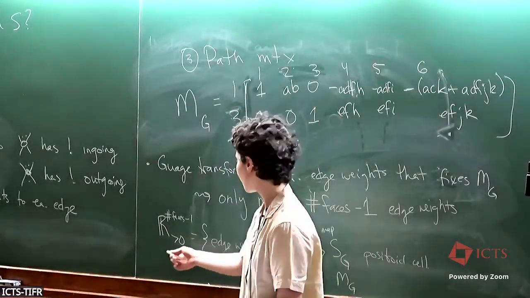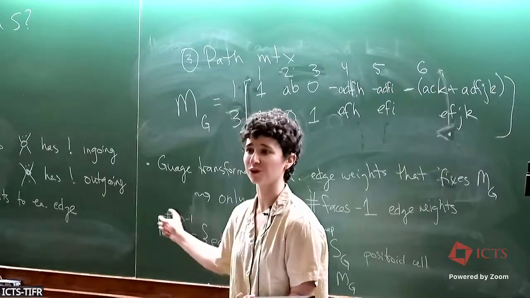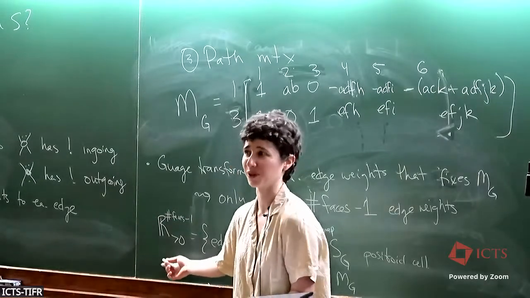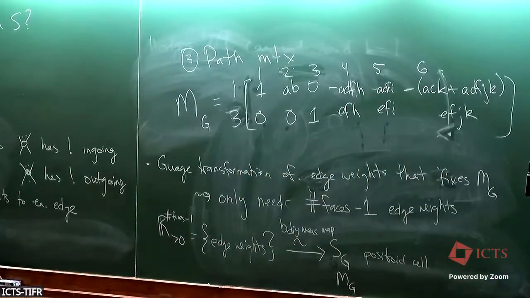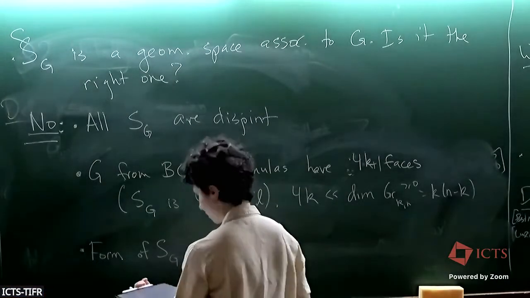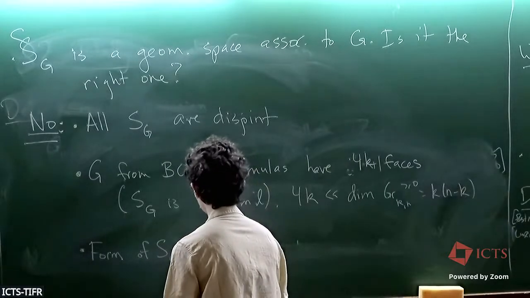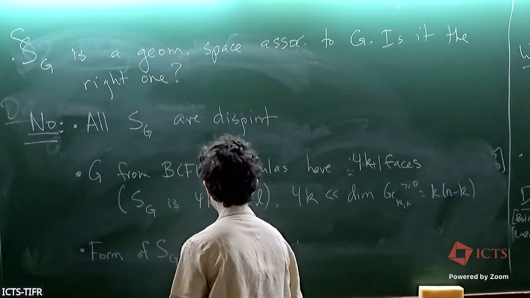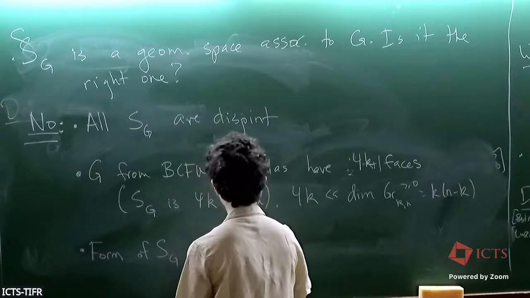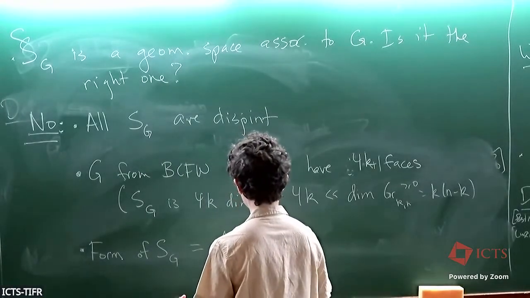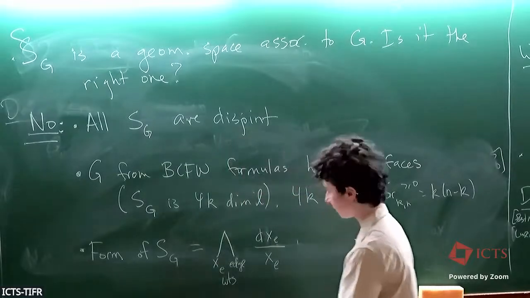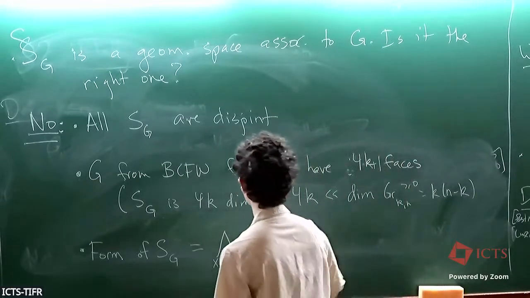There's a really natural d-log form, which is just the d-log form of the coordinates of this positive R to some power. So I can write down a d-log form for S_G, which is going to be the wedge over all of the edge weights of d x_e over x_e. Or maybe I'll just write it as d-log.